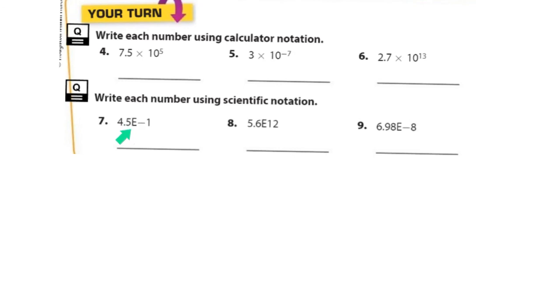And then for 7, 8, 9, they want you to write them using scientific notation. So what you want to do is remove the E, put it times and a 10, and this last number becomes the power. So give that a shot and we'll see what it looks like.